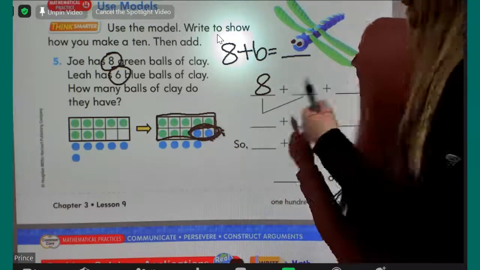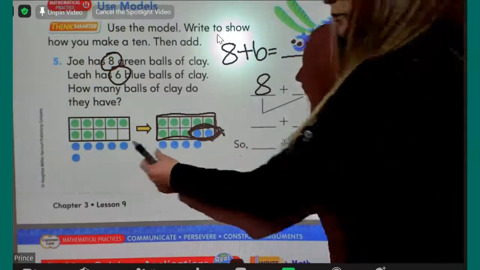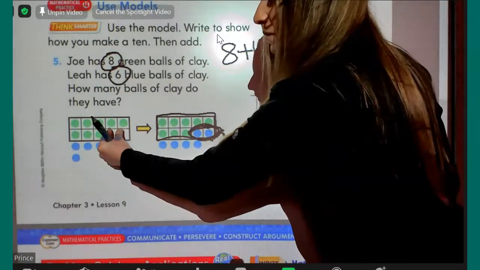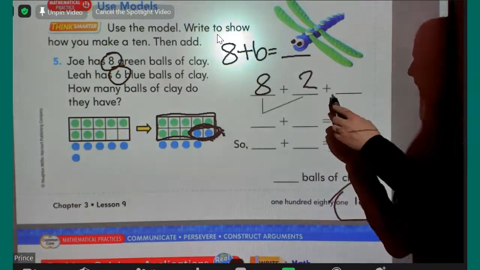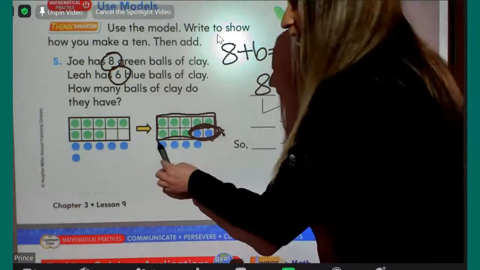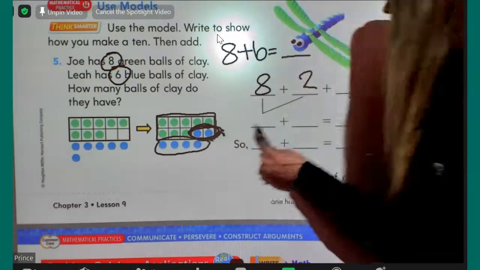So to make our 10 frame, we had 8 green, and then we took 2 of these little blue ones to put them in there so that the 10 frame filled up. So we have 2 blue plus the leftover ones down here. 1, 2, 3, 4.